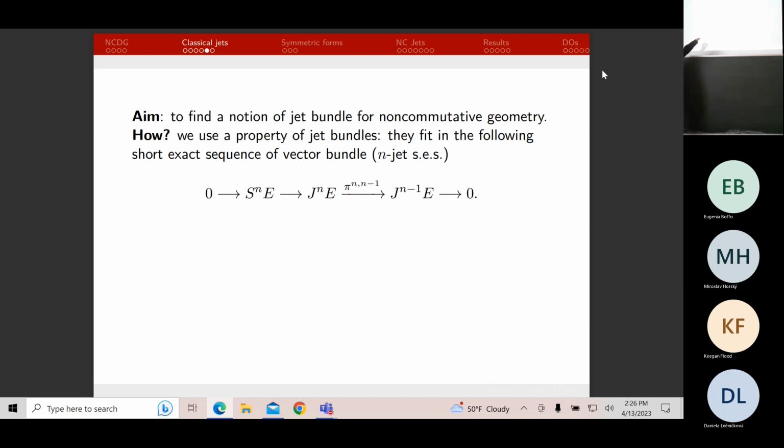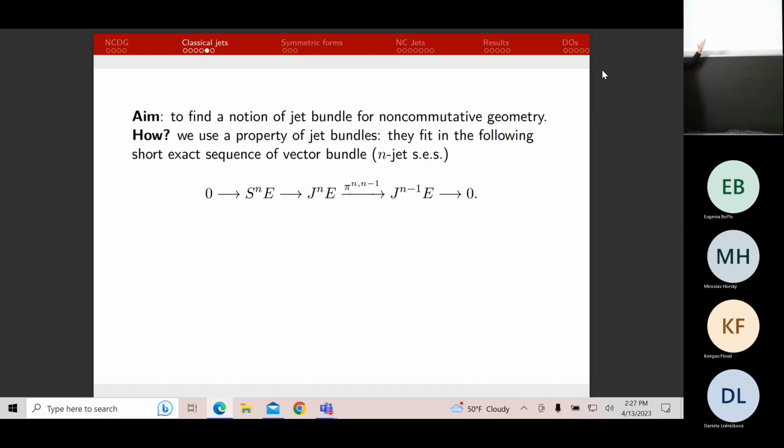This map is surjective and its kernel is the bundle of symmetric tensors. Why does this make sense? Because if we think of it fiber-wise, as I said before, J^n has as fiber polynomials of degree n. So forgetting the last information means going from degree n polynomials to degree n minus 1 polynomials. So what's in the kernel is precisely homogeneous polynomials of maximal degree n.